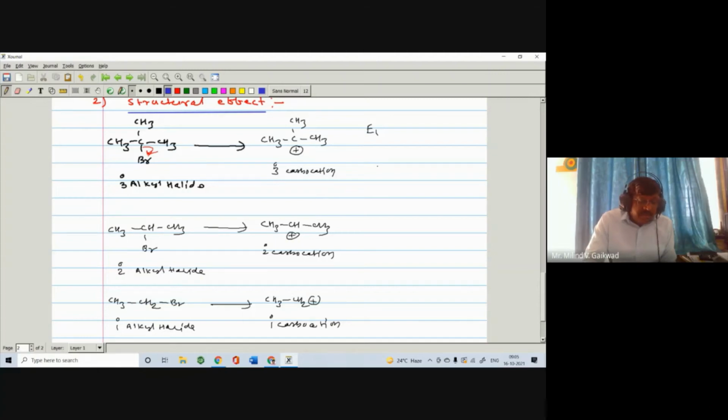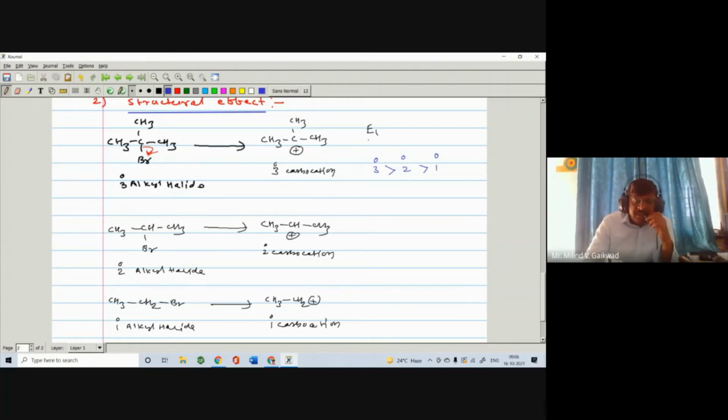The tertiary alkyl halide uses the E1 mechanism, then the secondary, then the primary. Means as you change the substrate, the one which gives a more stable carbocation will react more easily. That is the E1 mechanism.